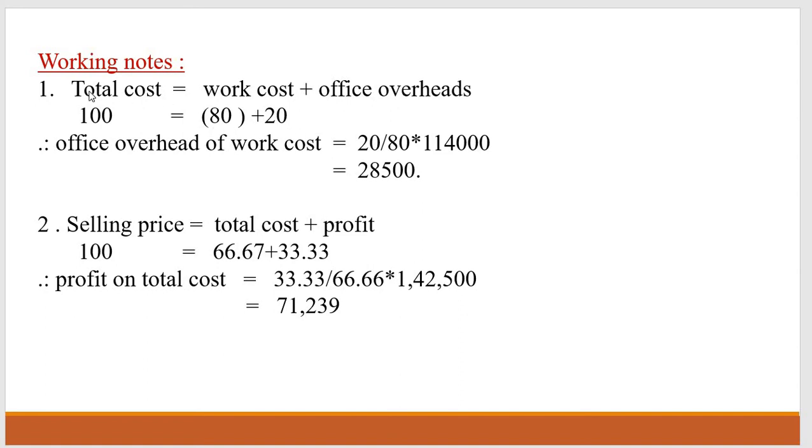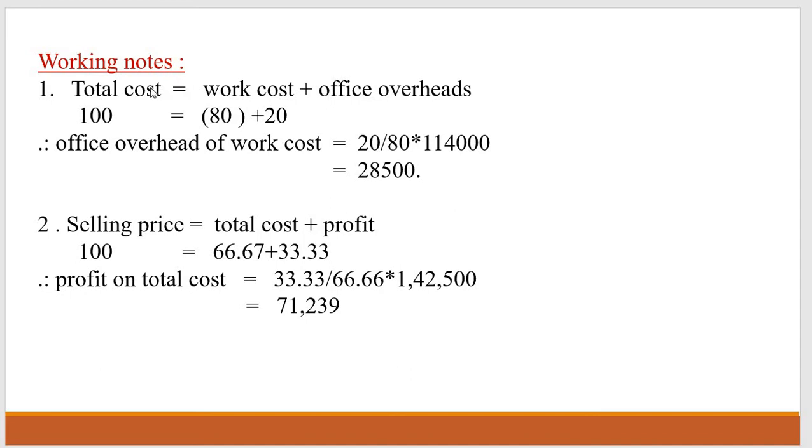So 80 plus 20 is equal to 100. Therefore the office overhead on work cost is equal to 20 divided by 80 into 1,14,000, that is equal to 28,500. 28,500 is the office overhead.